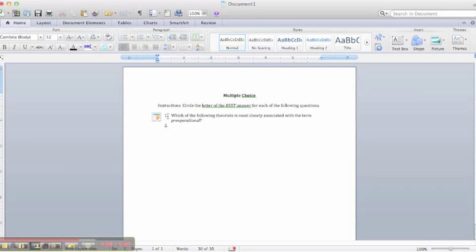And then I could have Vygotsky, Erikson, Kohlberg, or Piaget. So a lot of questions are like this, very kind of definition or remember level.